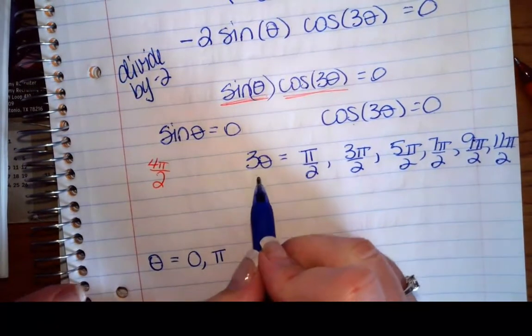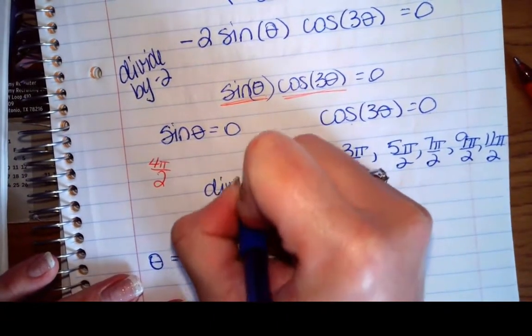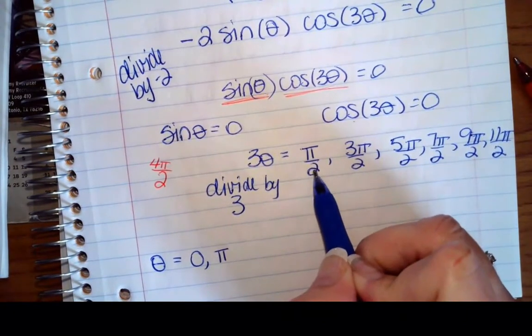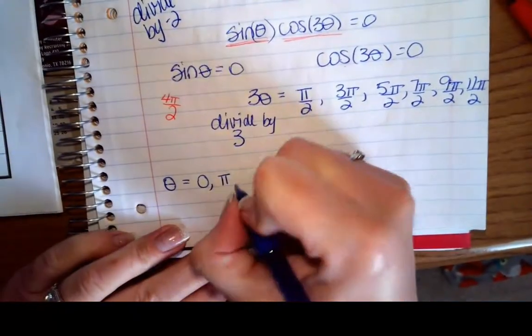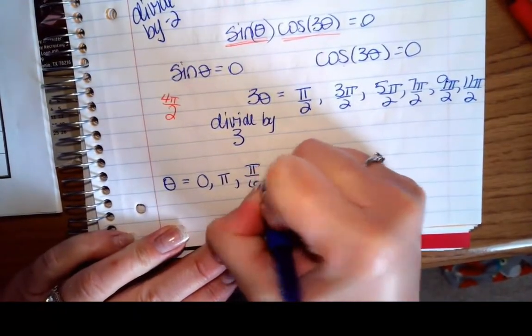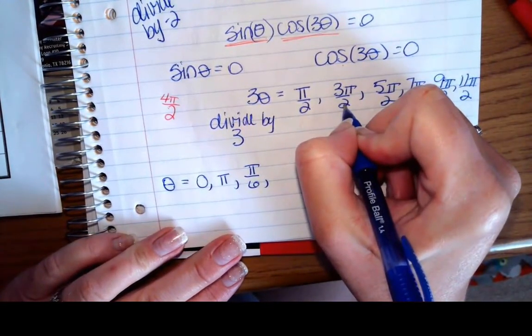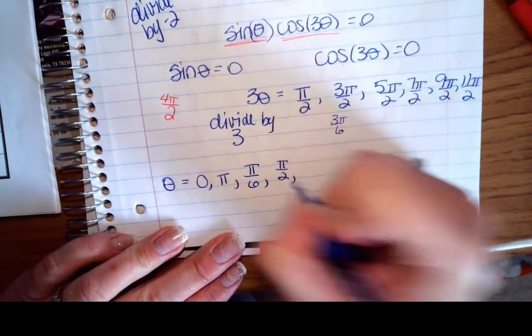So I don't care what 3 theta is, I care what theta is. So I'm going to divide everything by 3, which means pi over 2 divided by 3 is going to be pi over 6. So all of your denominators are going to become 6's. That's going to give me pi over 6. 3 pi over 6 is pi over 2. So that's pi over 2.